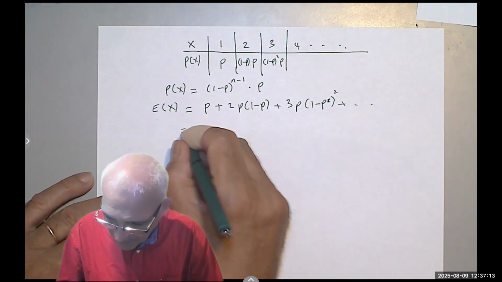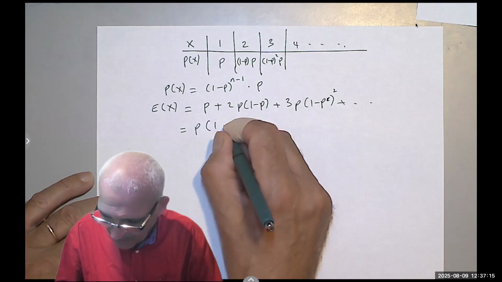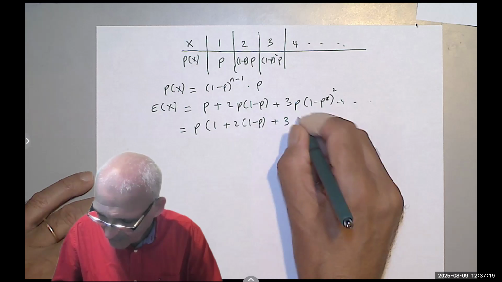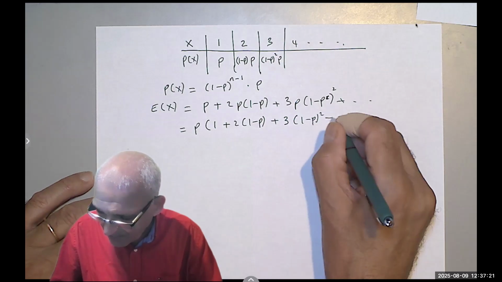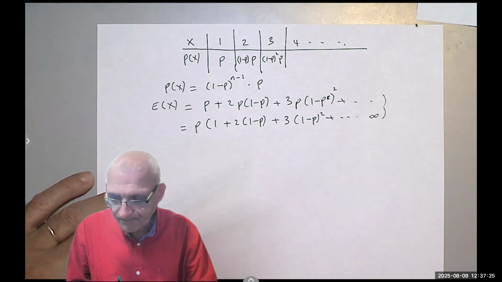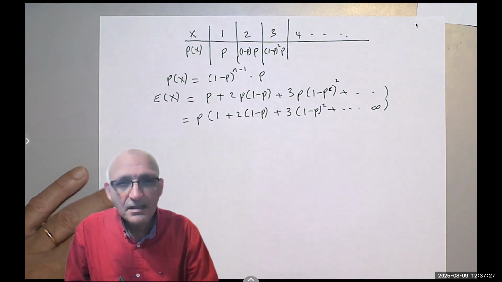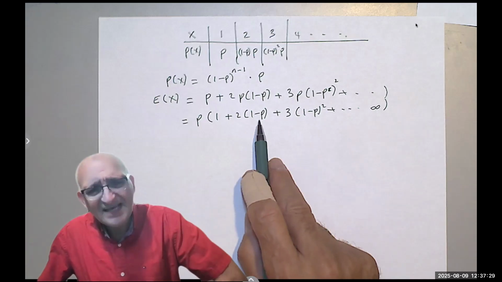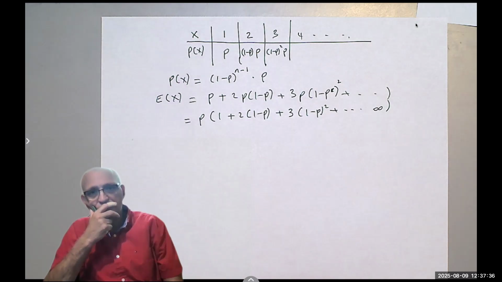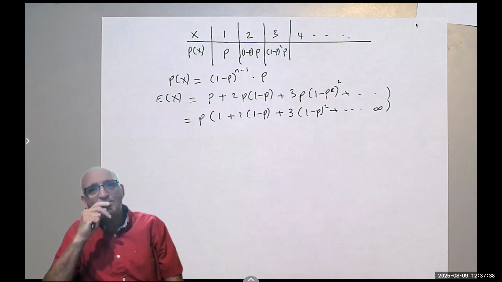If I factor out the p, I will get 1 plus 2 times 1 minus p plus 3 times 1 minus p square plus till infinity. Right? What is that? How do I sum those?